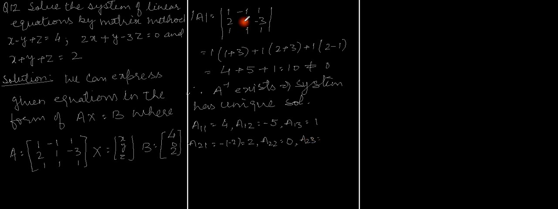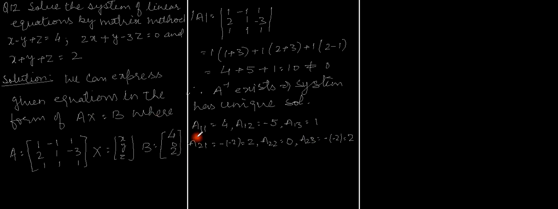A23, hide the second row and third column. 1 plus 1, that is 2. So minus of minus 2, so this is 2. Why is this minus sign coming? Because of the position of this cofactor. This is 2 plus 3, which I have already explained in the previous video. 2 plus 3 is 5, so that's why it is an odd number, so the minus sign comes here.